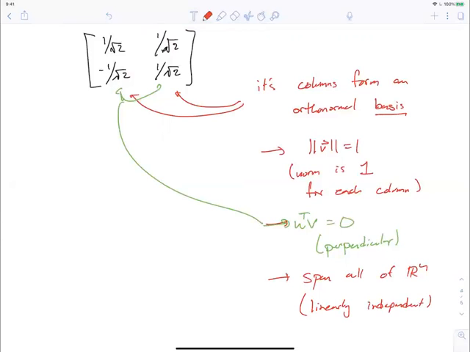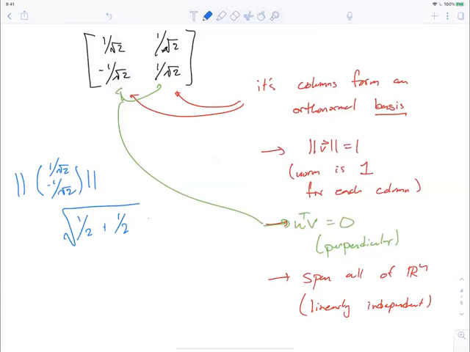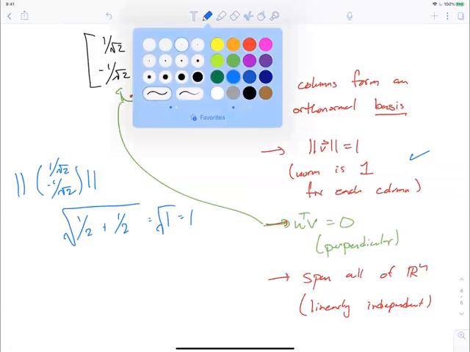This is a 2x2 example, but we can check these out. Take the first column; what's the norm of this? We get 1/2 plus 1/2, which sure enough is 1. The square root of 1 is 1. The other one is the same math. These are perpendicular, and we can check that as well.